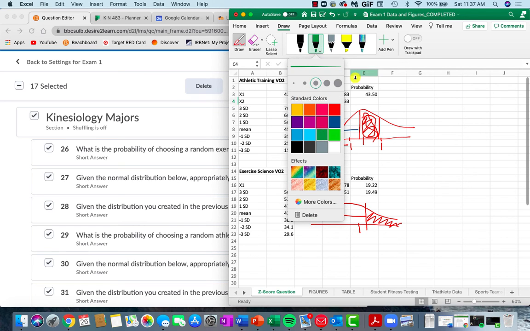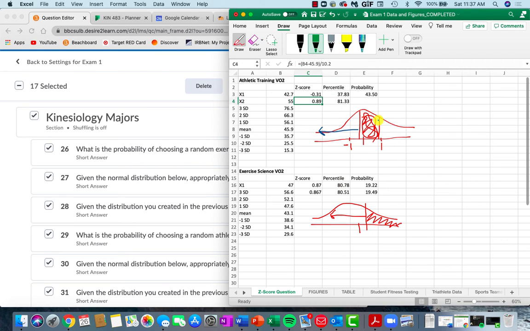In the other case of 55, the percentile would have returned the area from there to the left, right? So in order to get this center part, we would have subtracted the blue area, which is 37.83, from the green area, which is 81.33.